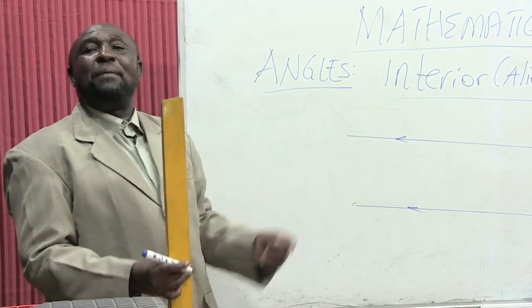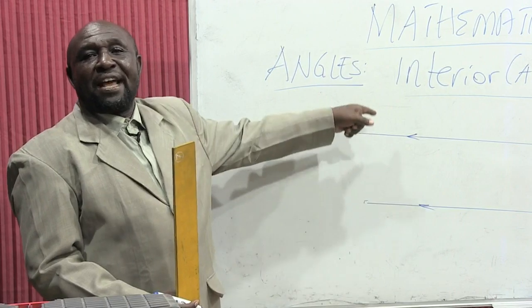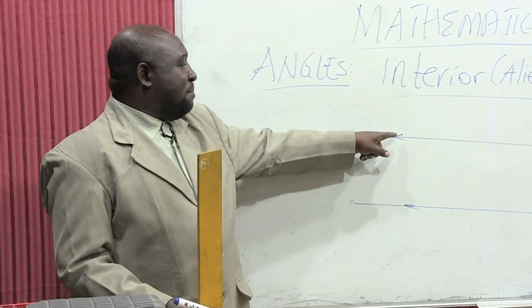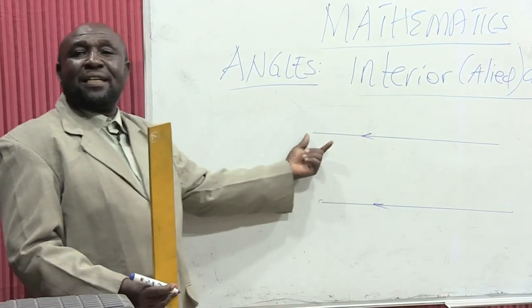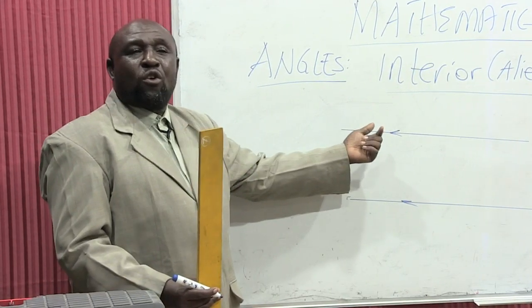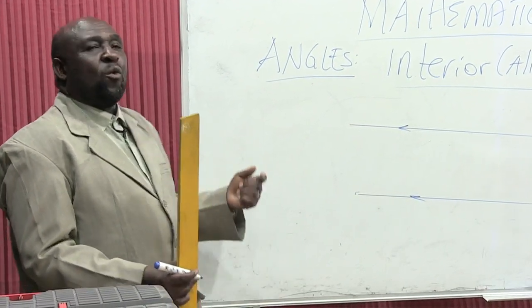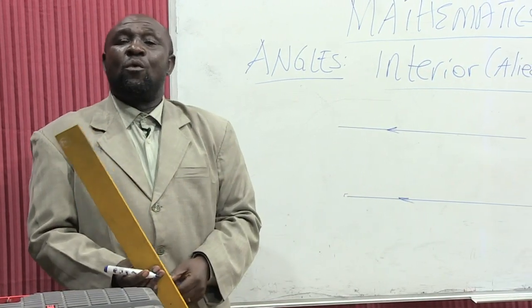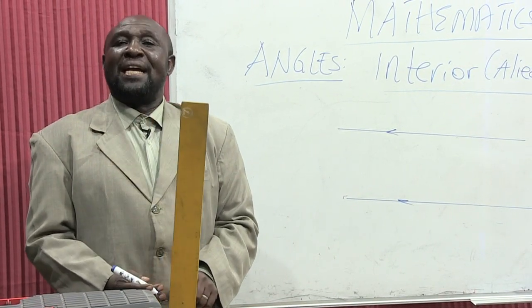They will never meet. The arrows show that these lines will continue in that direction without meeting. So we call them parallel lines.